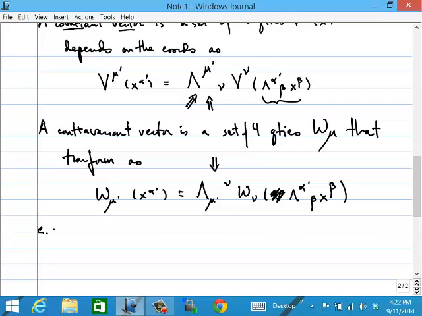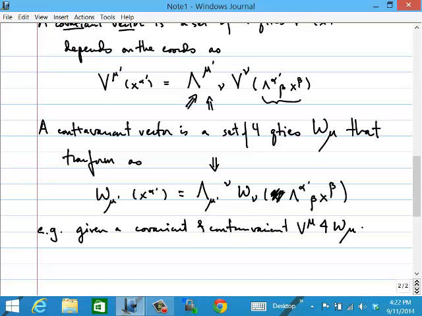For example, you can show, using the transformation rules that I've written down here, that given a covariant and a contravariant vector, v mu and w mu, their combination, where I sum over the mu indices and contract these indices, which is what we call it when we sum over two indices like this, is a scalar.